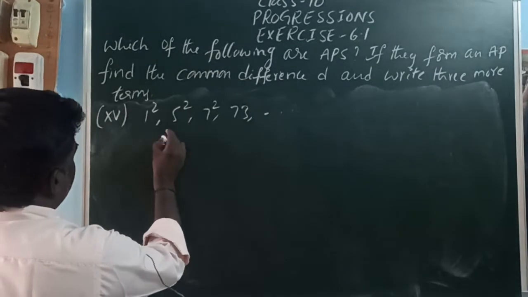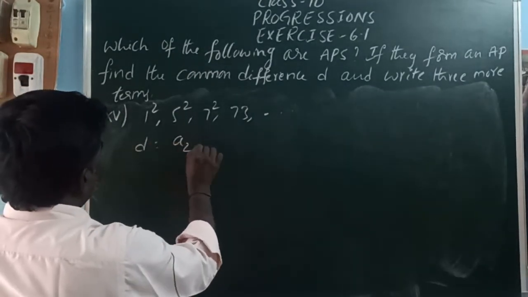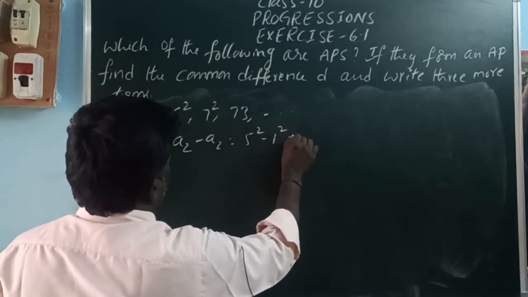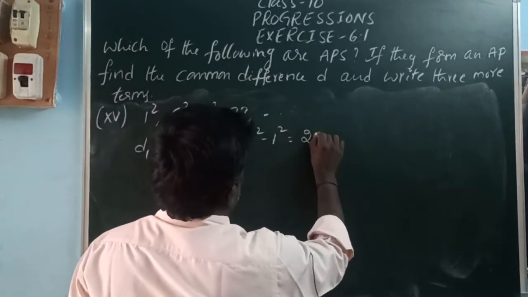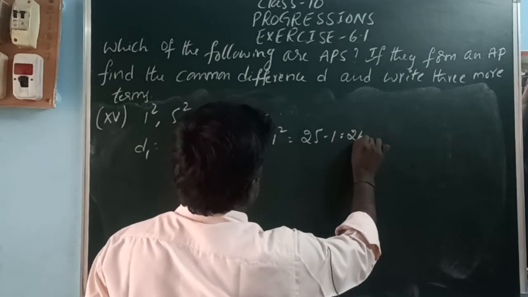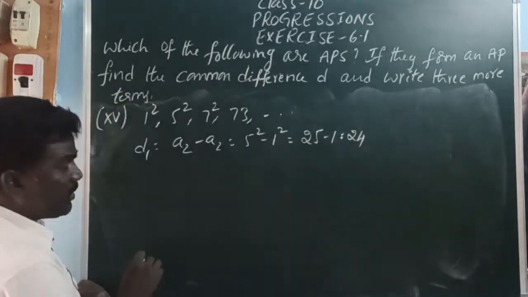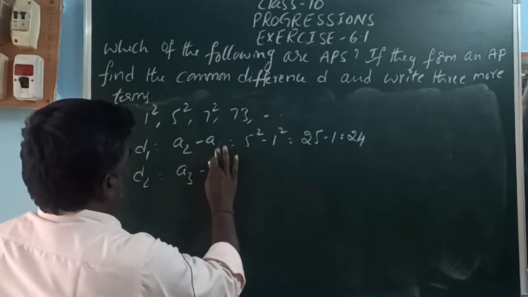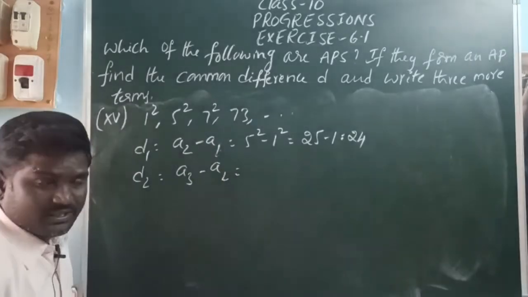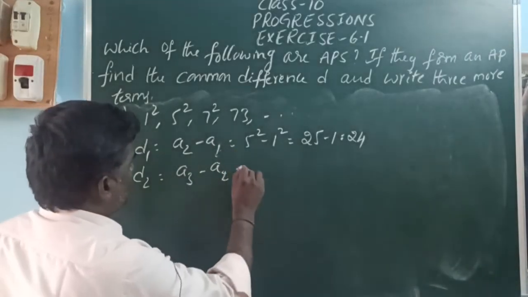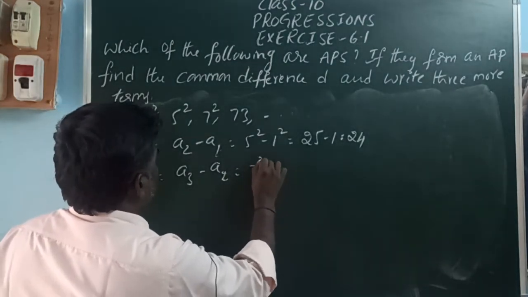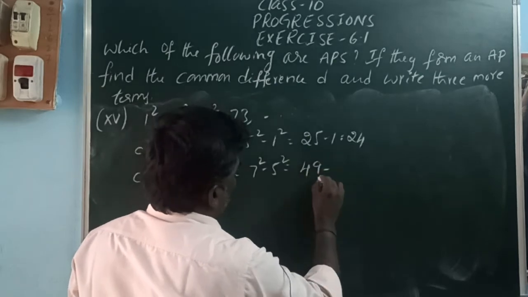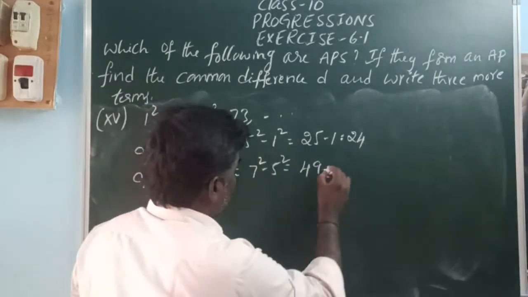So here common difference a2 minus a1. So that is here 5 square minus 1 square. 5 square 25 minus 1, that is how much? 24. So check another common difference d2. So that is here a3 minus a2. So that is here 7 square minus 5 square. 7 square 49 minus 25.